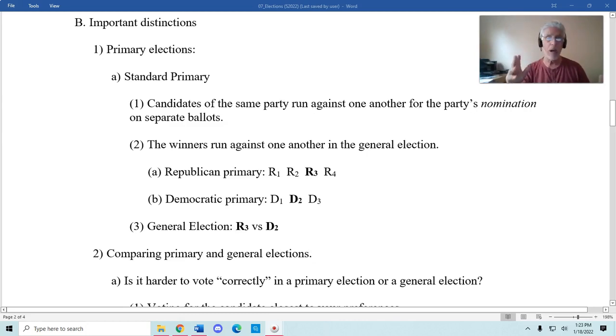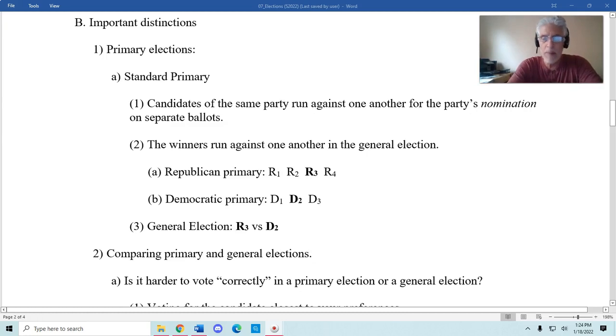And by the way, there'll be multiple offices where you might be voting for just Republicans. So it could be governor, the House of Representatives, a senator, depending on if there's an election in the Senate, the state assembly, or the state Senate. But if you're a registered Republican, it'll just be Republicans on the ballot.